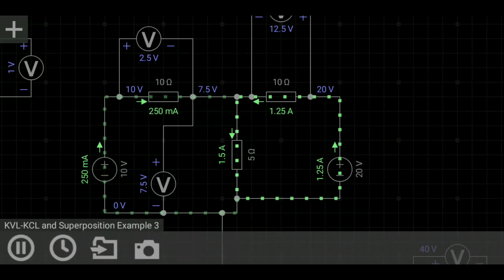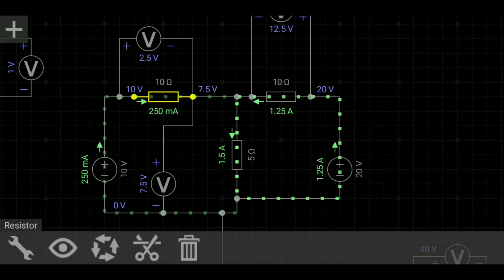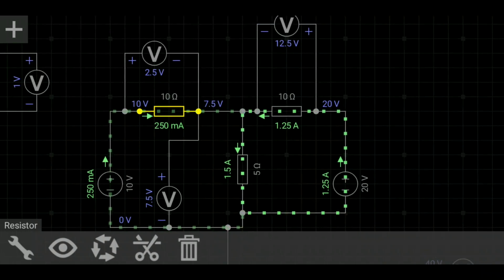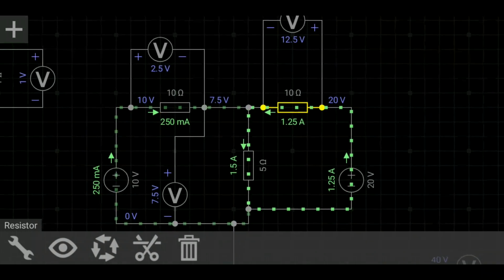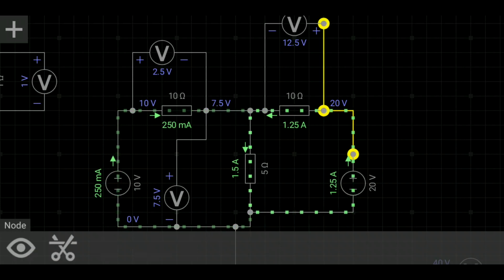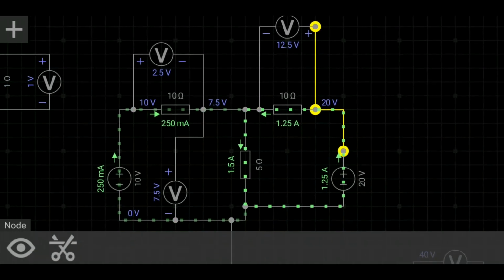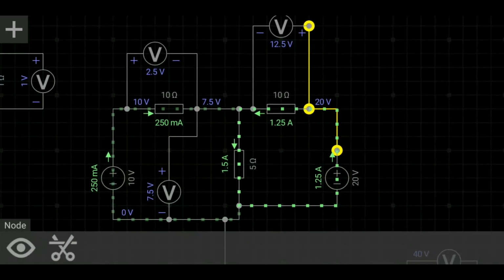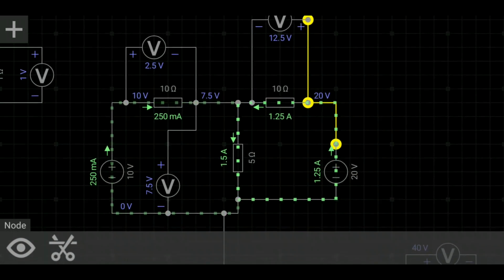Here 10 volt is supplied, and here 2.5 volt drops, so we have 7.5 remaining. Now here the voltage is increasing by 12.5 volt in the direction of our assumed path. So from this point we have a total voltage of 7.5 plus 12.5, which is equal to 20 volt.